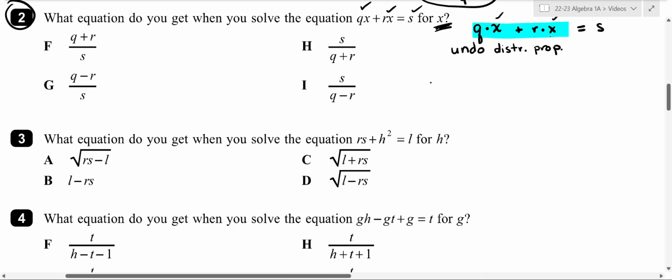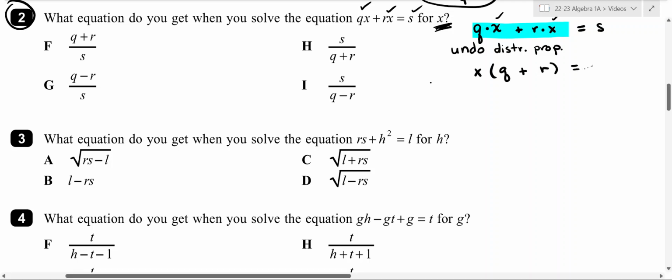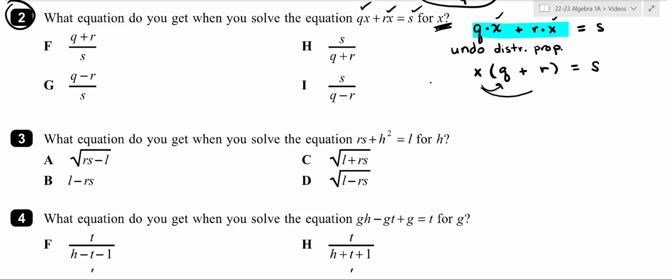All right, so the x got distributed, so we're going to pull out the x. See? Think about it. If you multiply it in, you're going to end up with xq or qx times xr or rx. Okay.